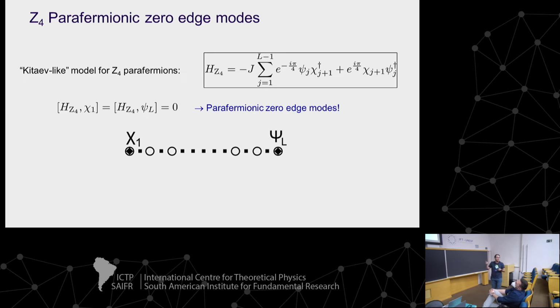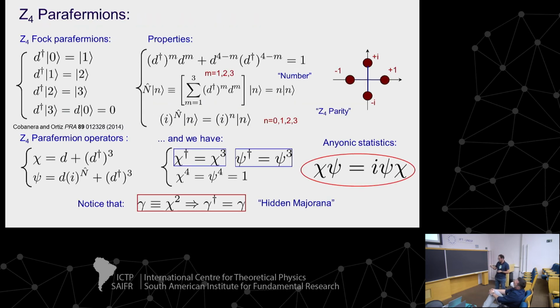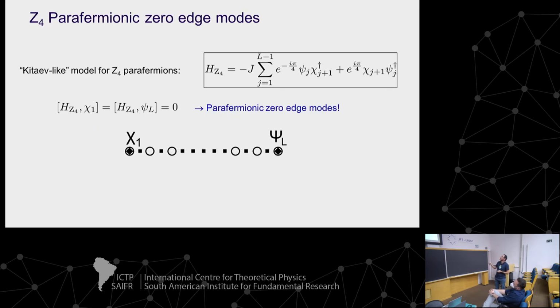So we just write the chain. We have these operators here, and we write a chain of these operators. There's a phase here, not going to go into details, but this is actually to get the prefactors correct and whatnot.